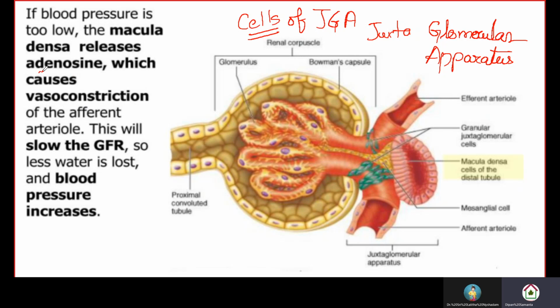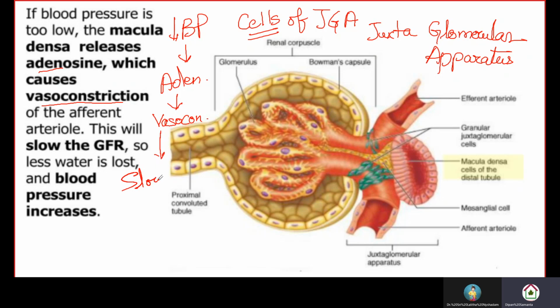It releases adenosine, which causes vasoconstriction. When macula densa comes into play, if blood pressure is very low, it releases adenosine and causes vasoconstriction of the efferent arteriole, which slows the GFR.